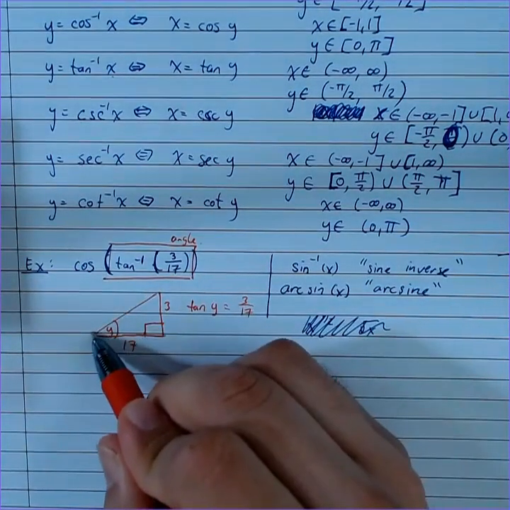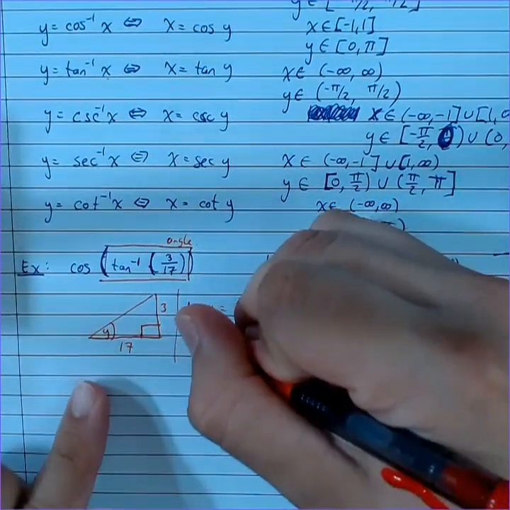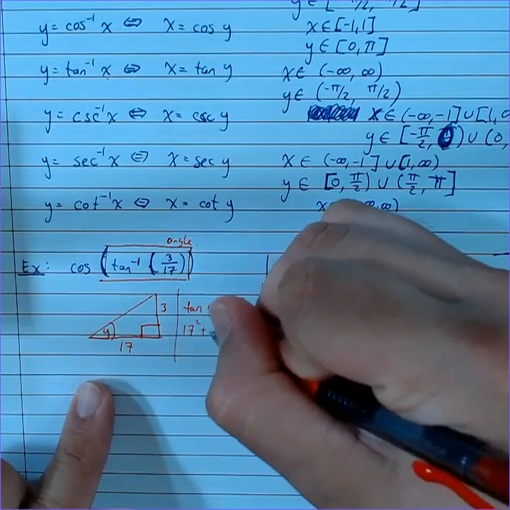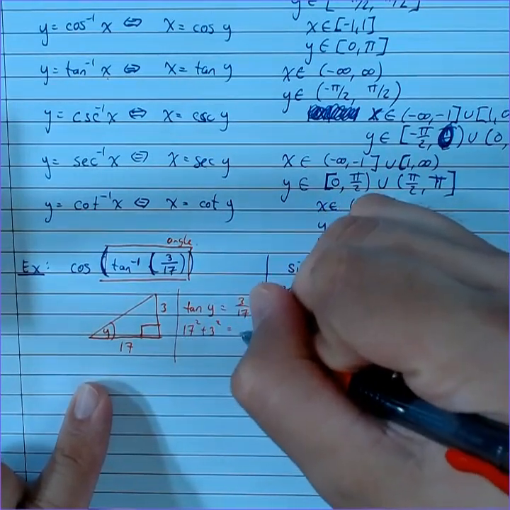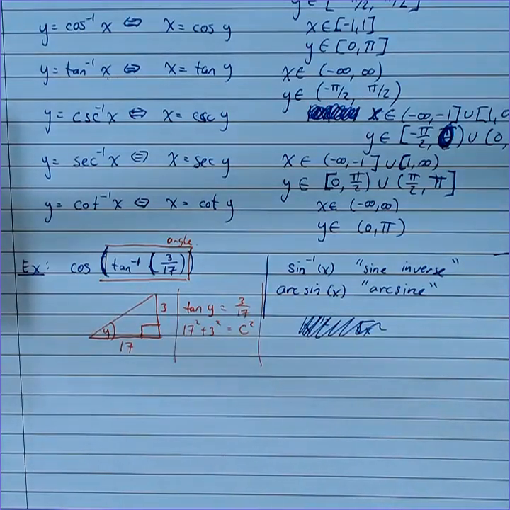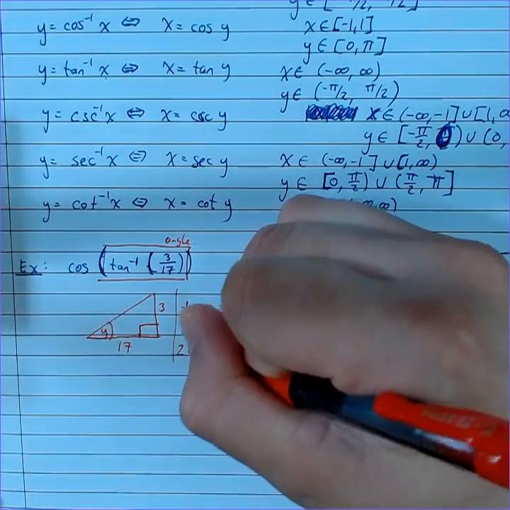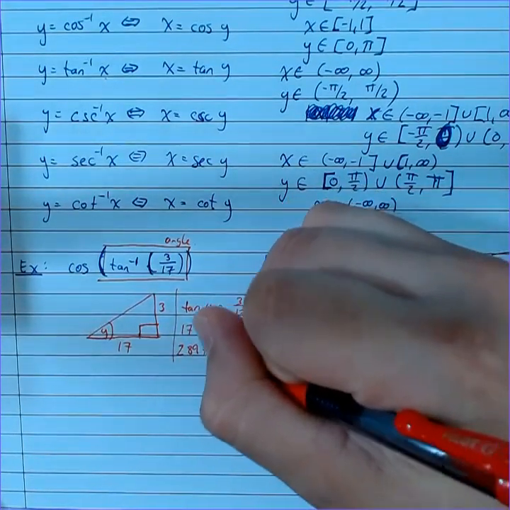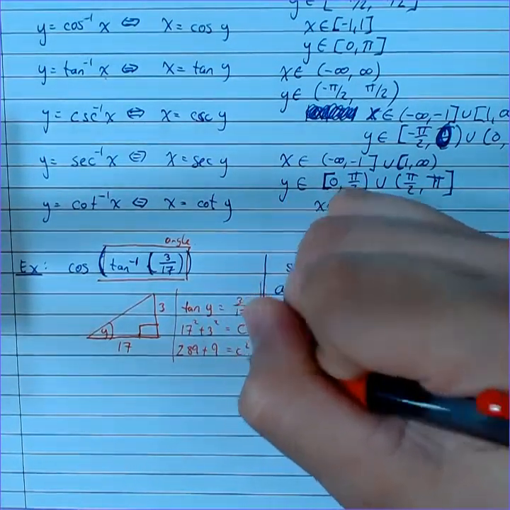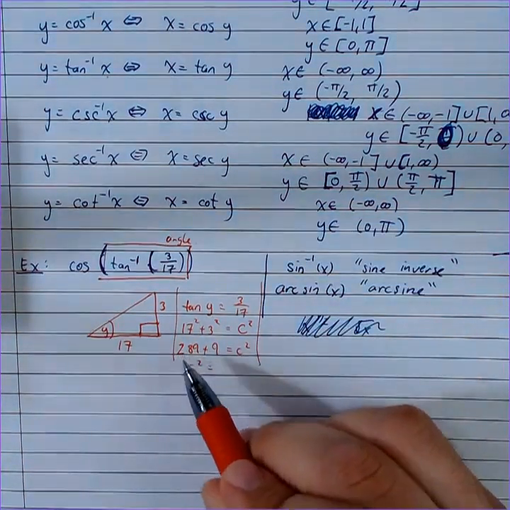But now by the Pythagorean theorem, I can fill in the third side. I can say, okay, well, then that means 17 squared plus 3 squared is equal to c squared. After all, c is my hypotenuse. So I can square 17. That's going to give me 289 plus 3 squared, which is 9, is equal to c squared, which means c squared has to equal what? 298.